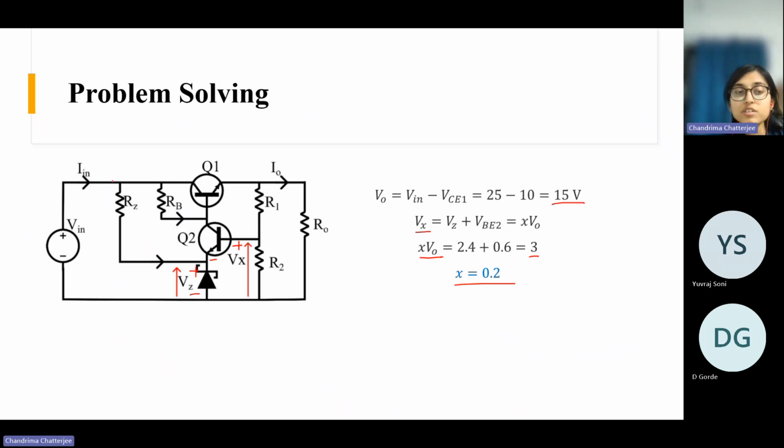Okay. So the first step was to calculate the output voltage. This drop was given to us. So this is the VCE1 drop. This drop was given in the problem. Okay.